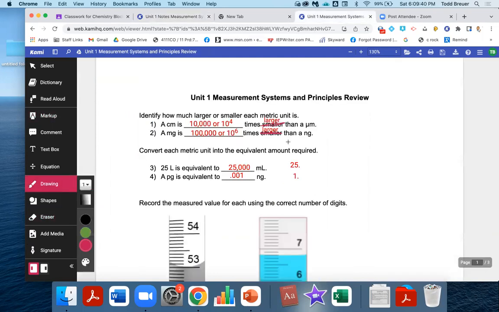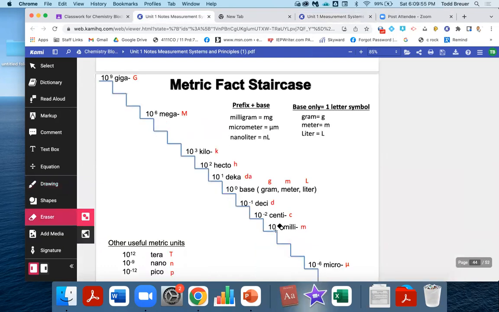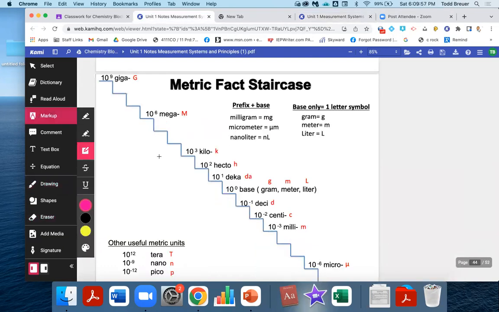Okay, so let's take a look at our first example here. It asks us to compare a centimeter and tell us how many times larger that would be than this symbol right here, which represents micrometer. So number one, centimeter compared to micrometer. If we come over here, we will notice centimeter is positioned right here on the staircase, micro down here.